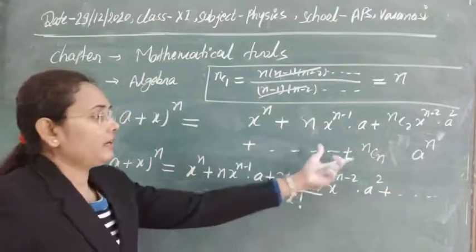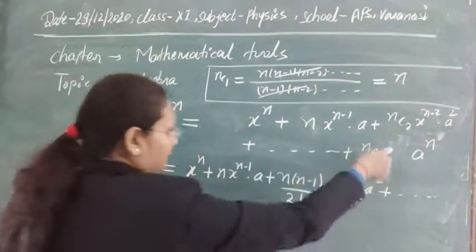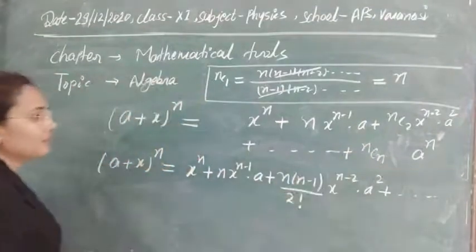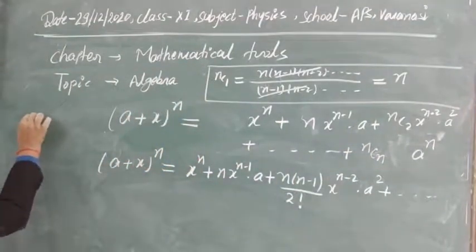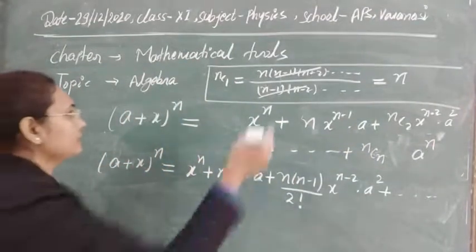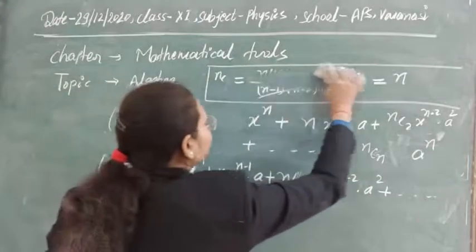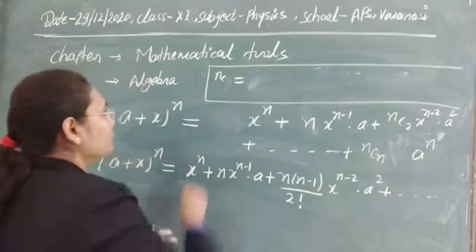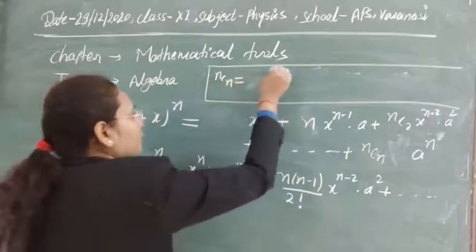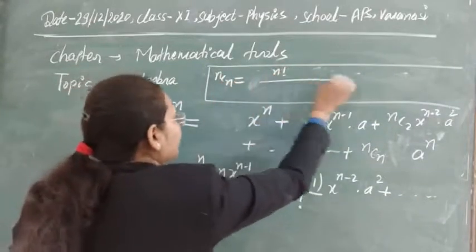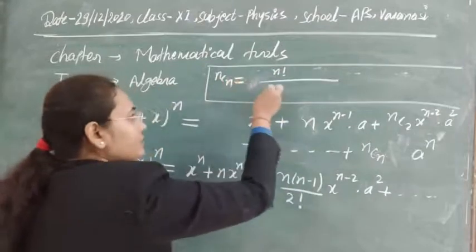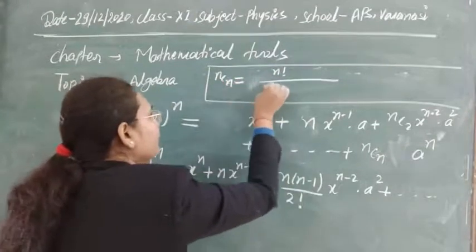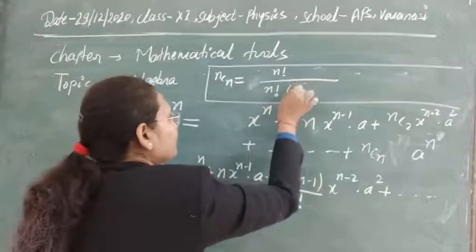In the same way you can expand the other terms of the formula. And finally, if you solve nCn, let's see what the value of nCn will be. We have the formula factorial n over factorial r times factorial n minus r, and the value of r is n.